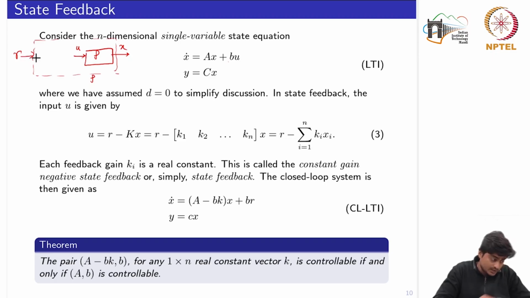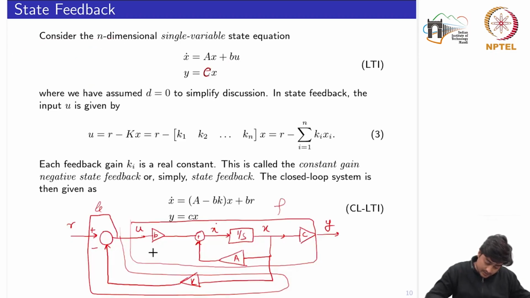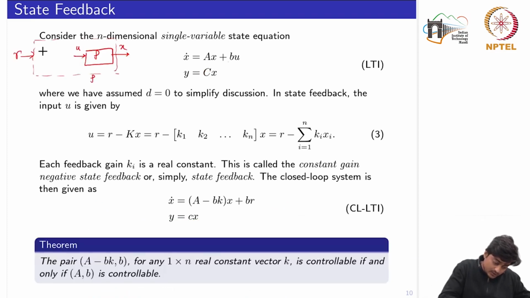Now if you recall the previous architectural description of the connection between the plant and the controller, we have substituted only this part. Here we have one controller, which is taking some feedback from the states. We can show the proof of this important result through this structural description of the block diagram.